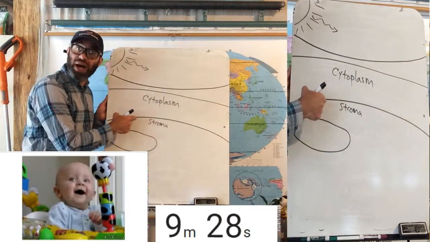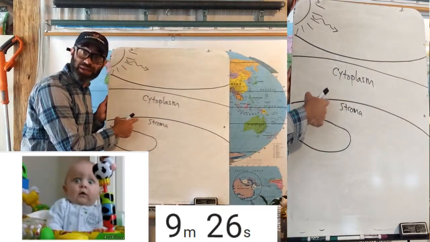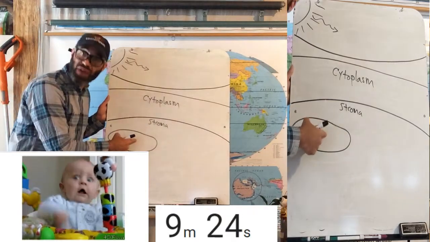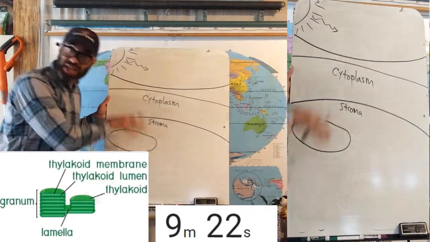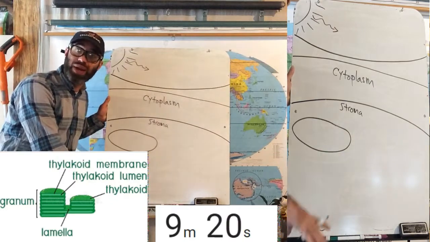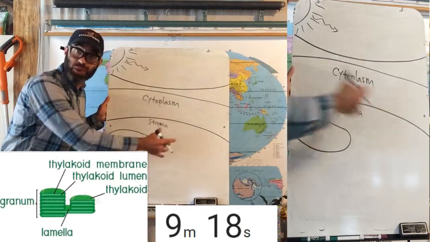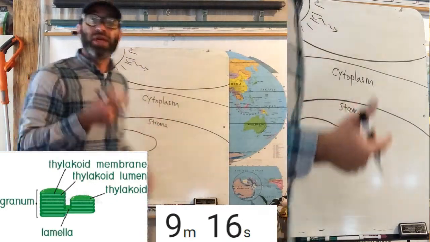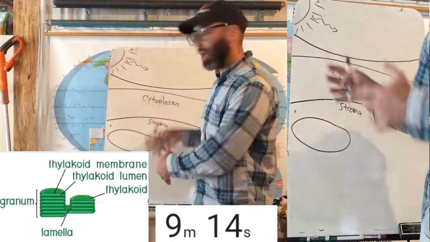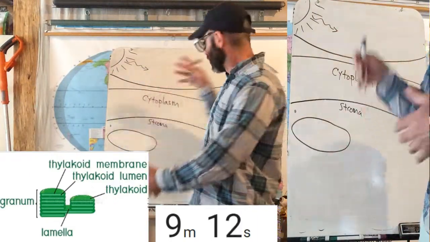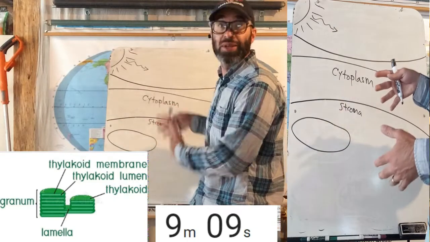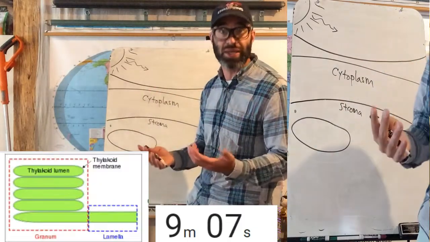This is the bilayer of the chloroplast right here. And here's an individual thylakoid. Remember, a stack of thylakoids is a granum. I'm not going to draw a granum. I'm not going to draw multiple thylakoids. Remember, this happens all the time on every thylakoid. Multiple parts of the chloroplast are going through this process.